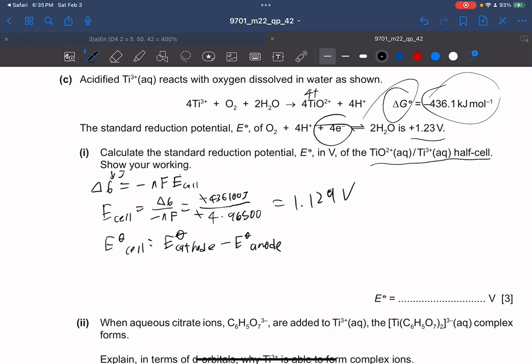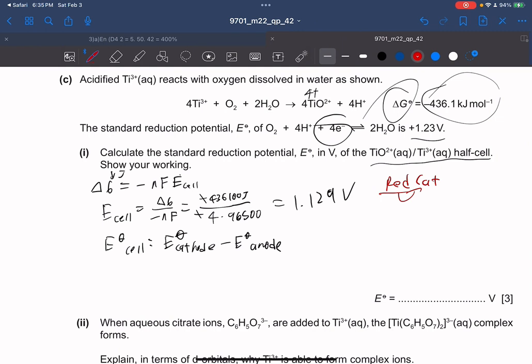A really handy trick that I use to remember if reduction happens at the cathode or the anode is I write down red cat, which basically means reduction happens at the cathode. Another way to look at it is that positive ions are attracted to the cathode, because it's going to be fed electrons. So 2 ways to remember where reduction happens. I like this because it's very easy to remember.